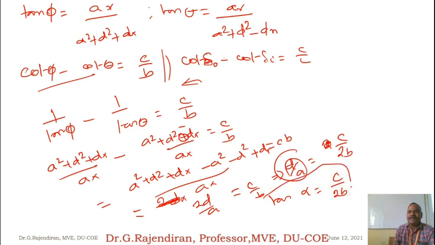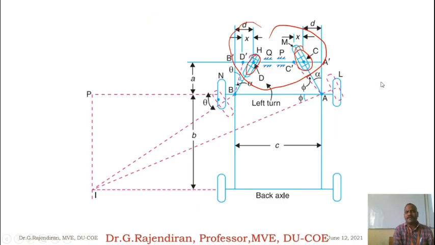That is the slip angle: tan alpha is equal to the pivot distance divided by 2 times the wheelbase. Theoretically it is correct, however, the increasing of the sliding member, this C and D is a sliding member.